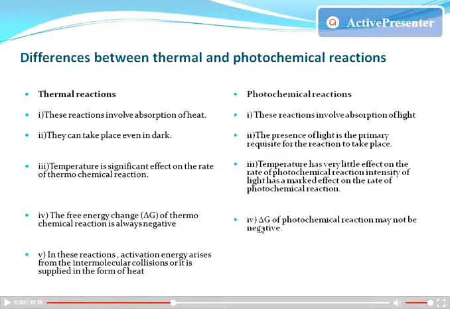In other words, it can be either spontaneous or non-spontaneous. And then the last one: here, the activation energy is acquired by absorption of what? Of heat. While on the other side, the activation energy is acquired by absorption of photons.